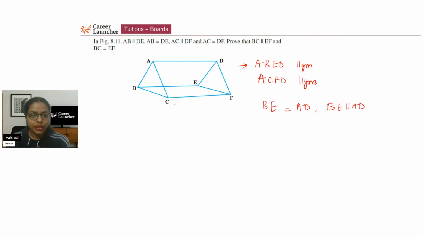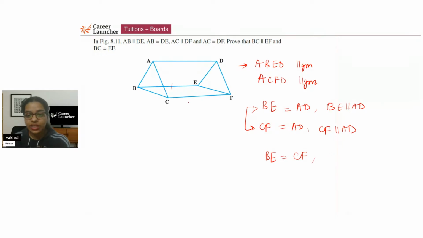Right? And what about CF? CF is also going to be equal to AD and both of them are parallel. Now what condition can we state from these two conditions, that BE is equal to CF and they are parallel to each other.